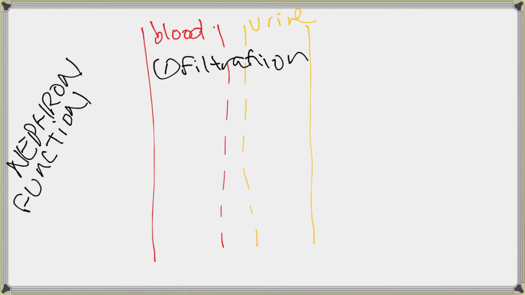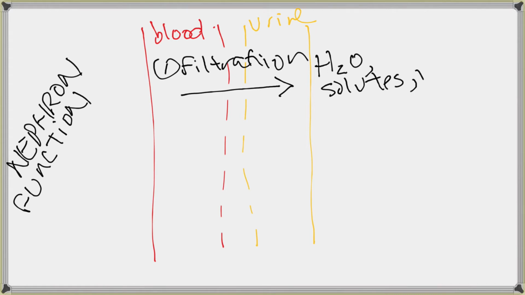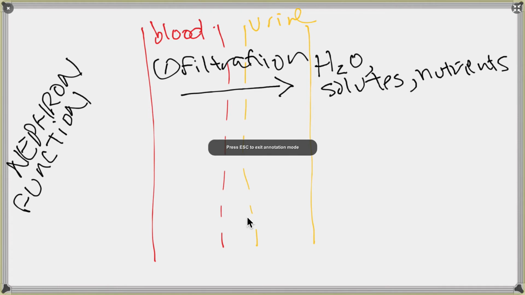They are going to move from high pressure to low pressure, and so the blood is higher pressure, and it's going to move things this direction. What kinds of things are going to move? To oversimplify, a whole bunch of water, and really any solute small enough to fit through the holes, okay? And so you will end up losing, for instance, nutrients that you didn't mean to lose, but you have a way of getting them back in the next step, okay?